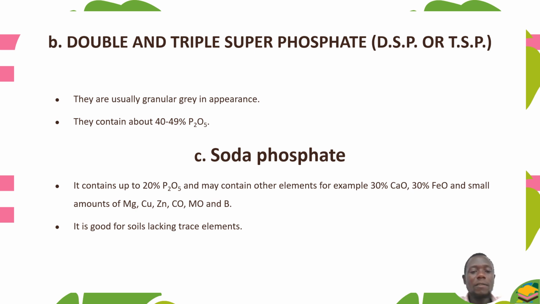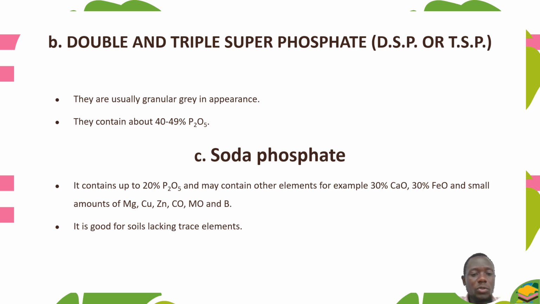Another example is soda phosphate, which contains up to 20% of phosphate oxide and may contain other elements. Apart from phosphate oxide, it may contain other elements like calcium oxide, 30% of iron oxide, and small amounts of zinc, magnesium, and boron.